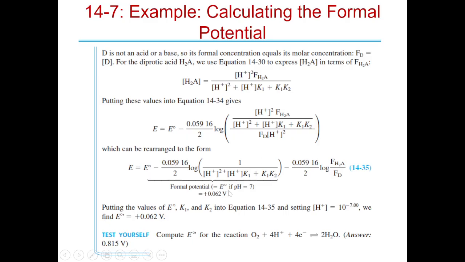Okay. Again, we have a pH. We're trying to figure out the E naught prime, right? For our pH 7. So pH 7 means the H plus concentration is 10 to the negative 7, right? So we can plug that in. So we have that.